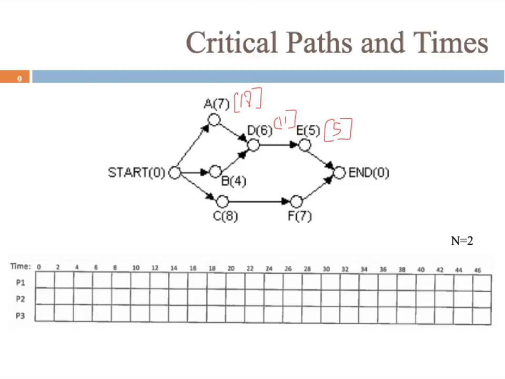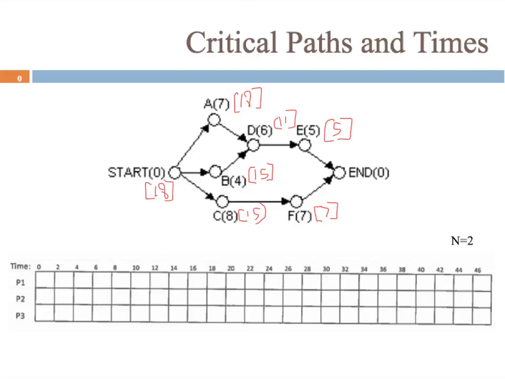B is going to have a critical time of 11 plus 4, so 15. Alright, bottom part of the graph. F's critical time will be 7, C's critical time will be 7 plus 8, so 15. Alright, critical time for the project, 18.